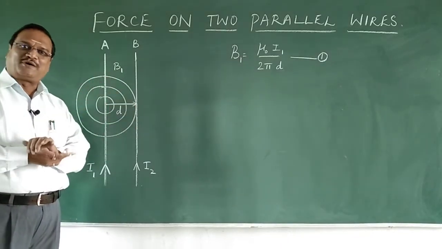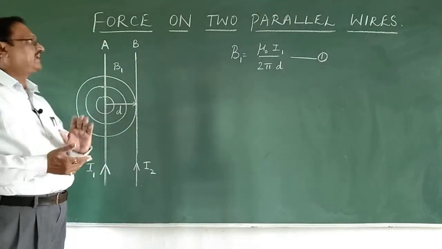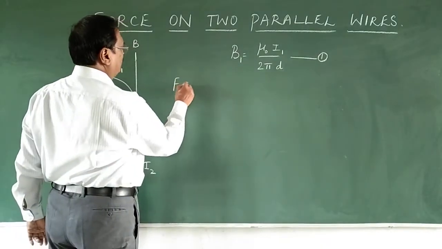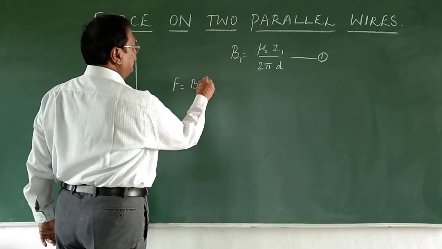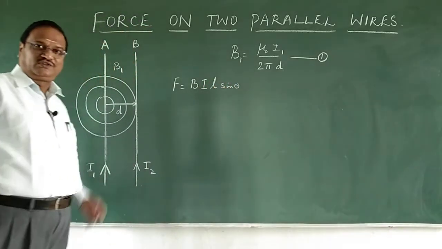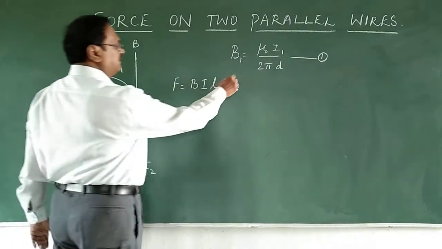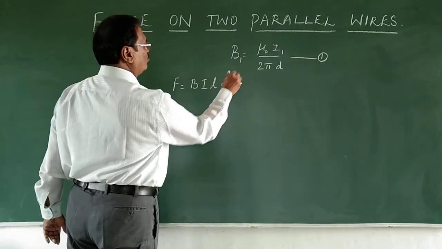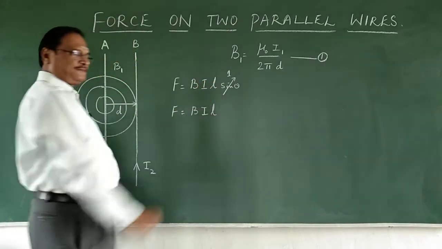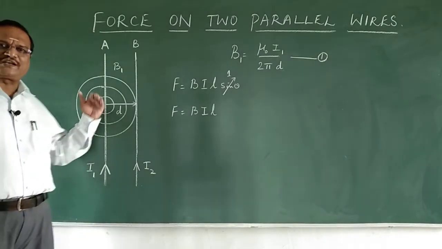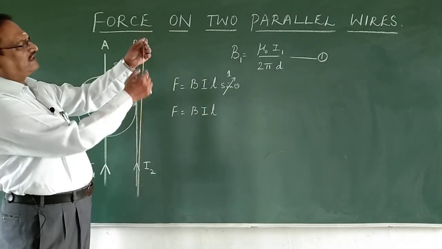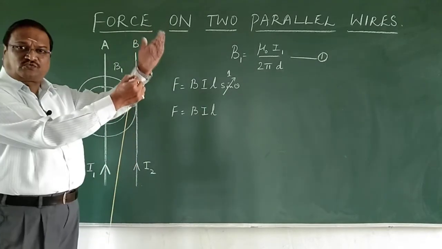Now we already studied about the force acting on a wire. Our discussion is force. What is the force formula? F is equal to B I L sine theta. And I said to you, when theta is perpendicular, we can set sine theta equal to 1. So the formula is F is equal to B I L. If I want force per unit length, I may have a very long wire, but I take, for example, 1 centimeter, what is the force acting?